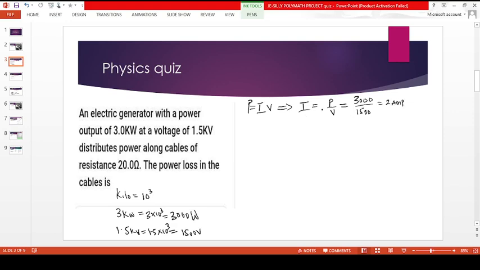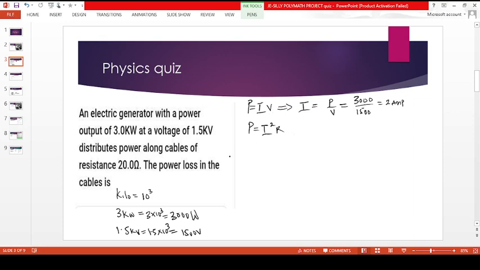So you have your current here, and then we are investigating the power lost in the cable. You should also bear in mind that another formula for electrical power is given by I squared R, that's current raised to the power of 2, times R. There is a proof for this.